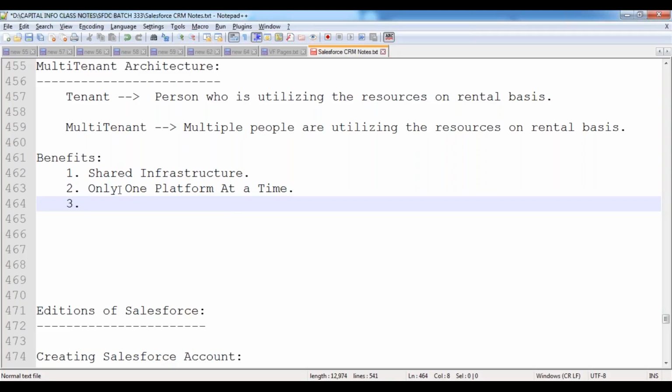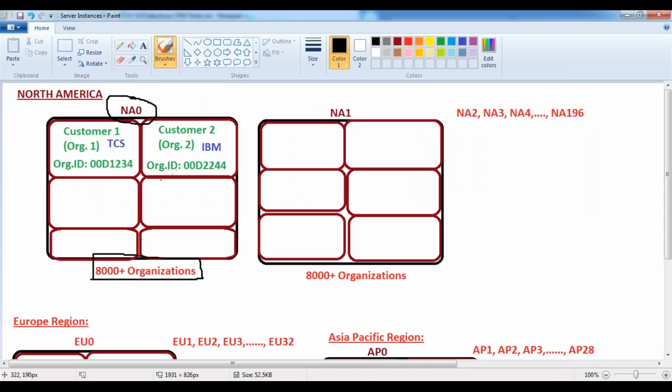Suppose, for example, there are 8,000 organizations available. Today, for example, Salesforce is giving a new release. Whenever Salesforce gives a new release, these new release features will be applicable to whom?